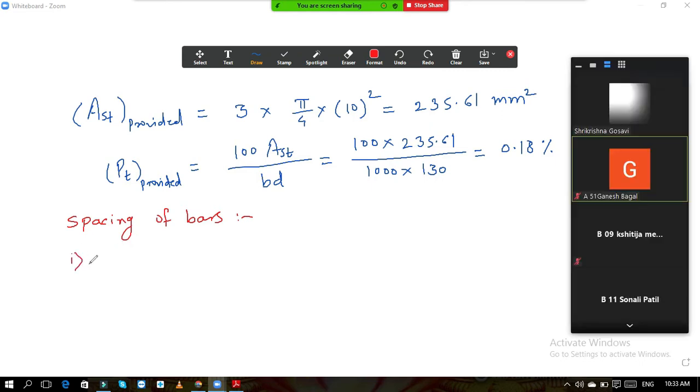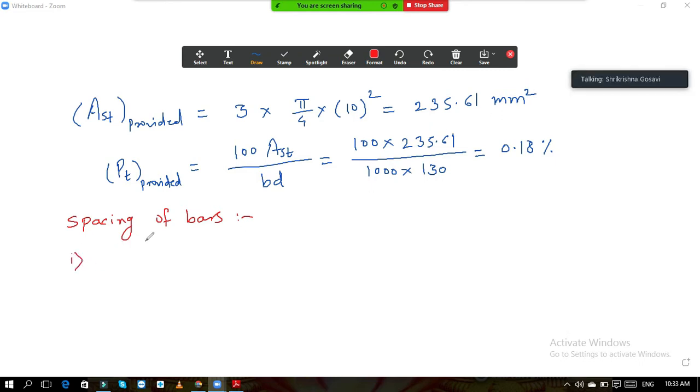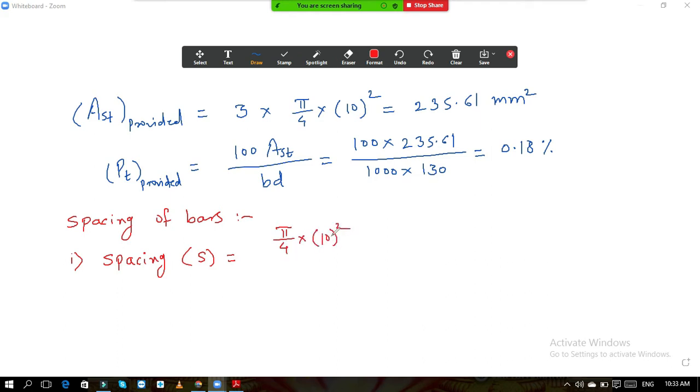First, spacing S is equal to the area of a single bar divided by Ast provided, that is 235.61, into width.